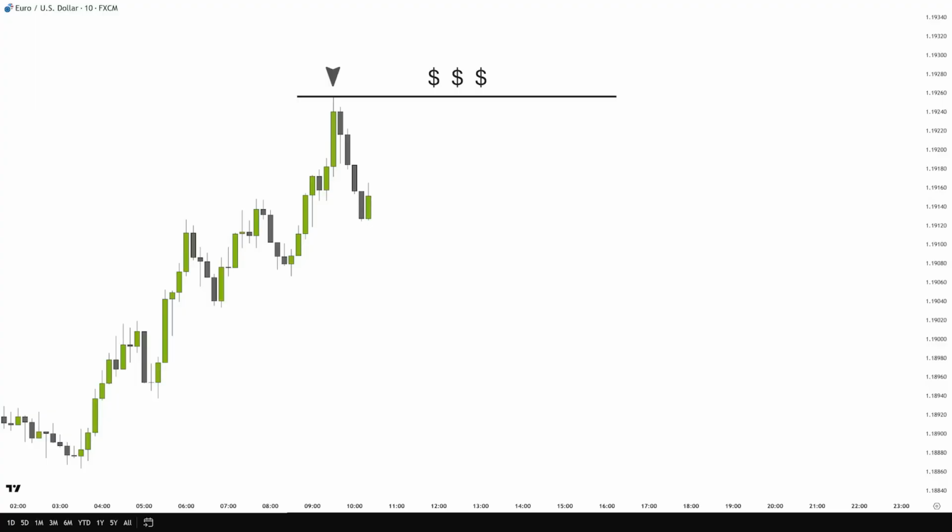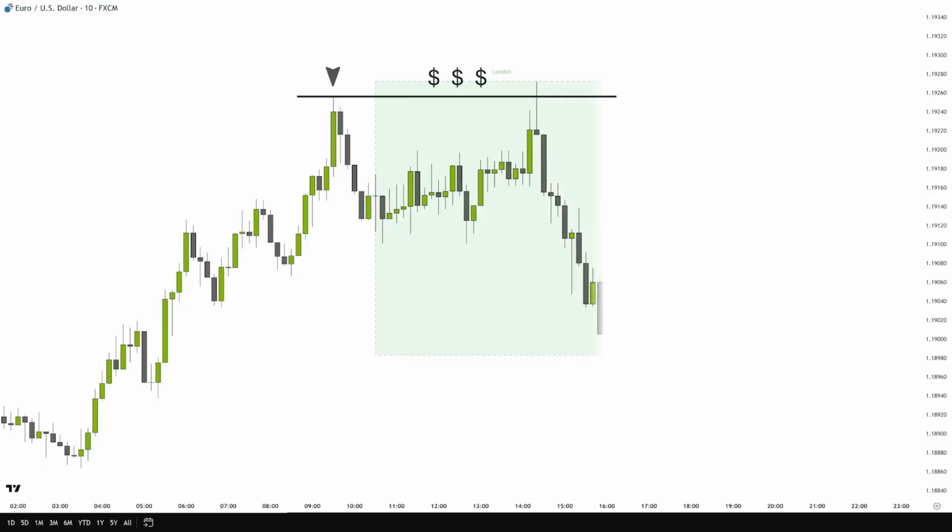During the London kill zone, the market frequently moves toward these areas to capture liquidity before making the real move. This is why traders often see false breakouts or quick sweeps of highs and lows during this time. Once liquidity is taken, the market may reverse and begin a strong move in the opposite direction. Understanding this behavior can help us identify potential entry opportunities.